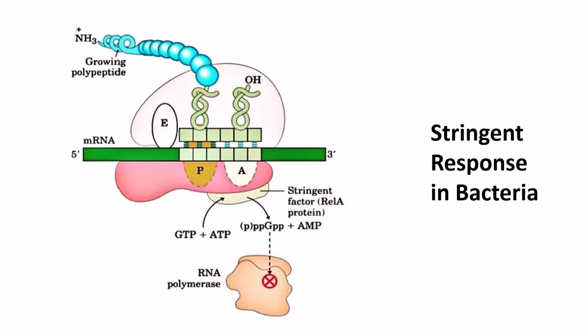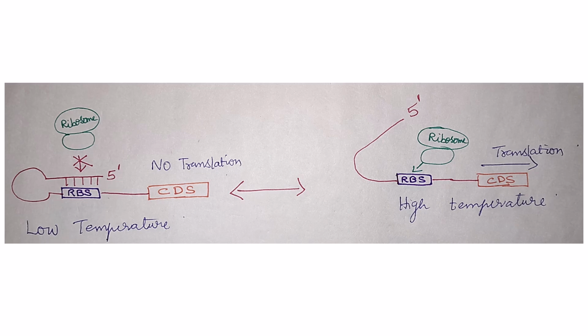Now similar to this, there is another response that is by cis-acting elements or cis-acting regulators. What are these cis-acting regulators in bacteria? These also allow the bacteria to adapt to changing environmental conditions such as temperature fluctuations or nutrient availability. And these cis-acting elements directly control the initiation of protein synthesis in bacteria.